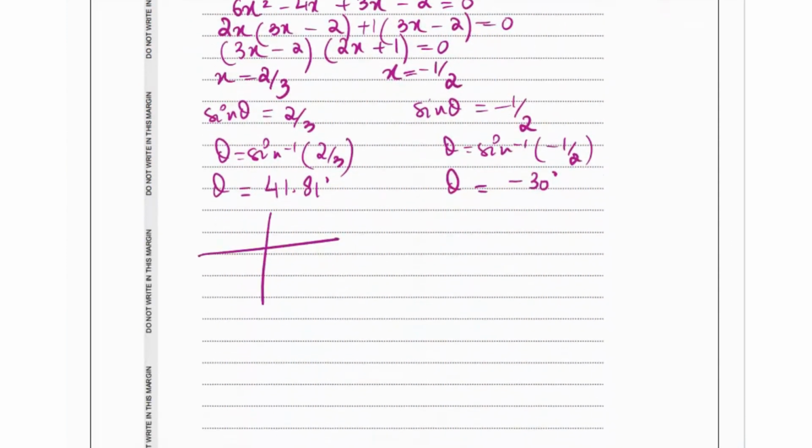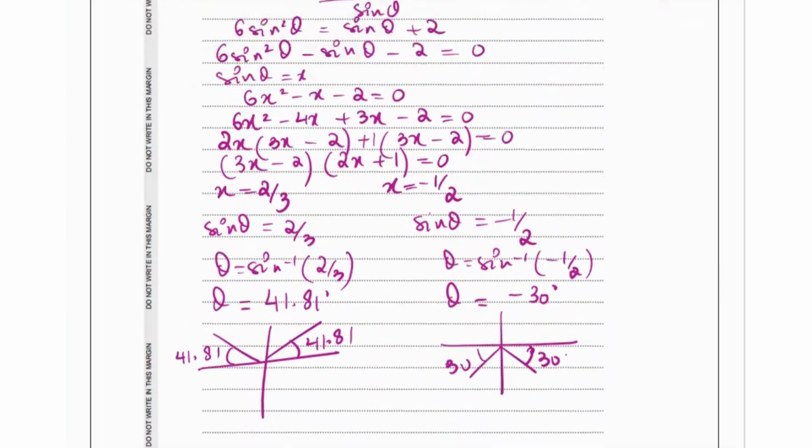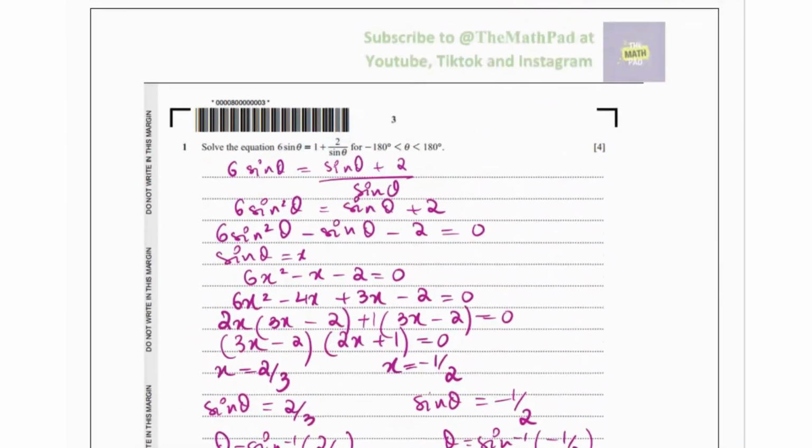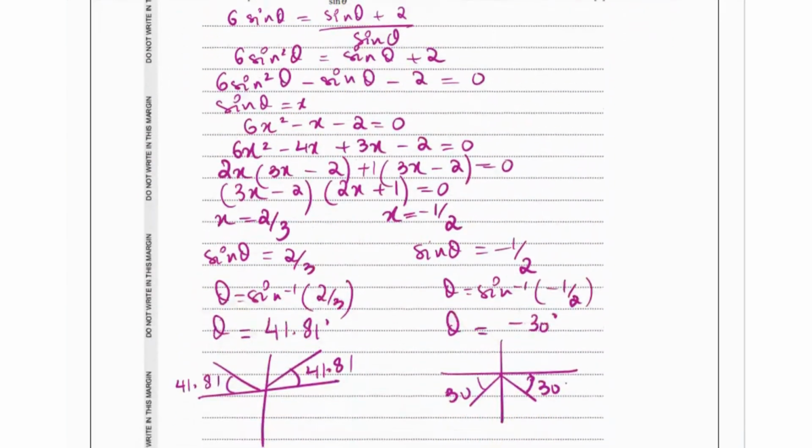So 41.81 is going to come in the first quadrant and the second quadrant because sin is positive in the first and second quadrant. Sin is negative in the third quadrant and in the fourth quadrant. So they want the angles between negative 180 and positive 180.